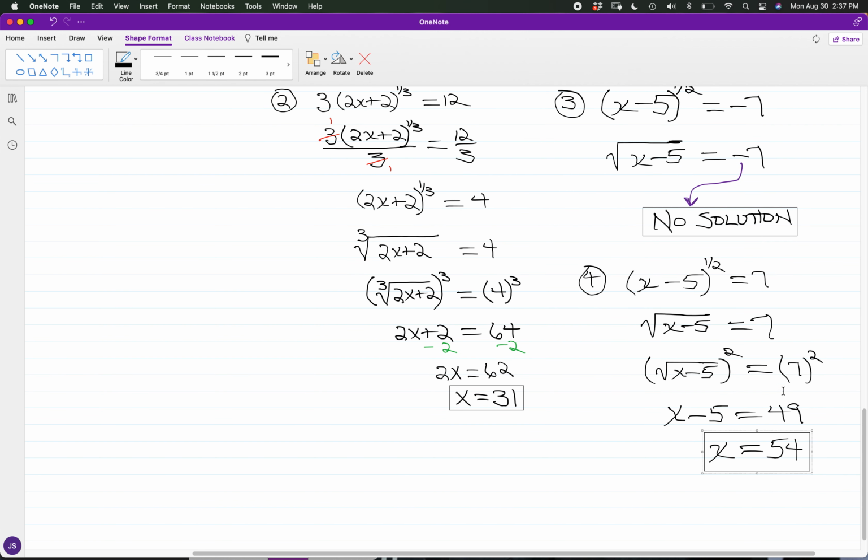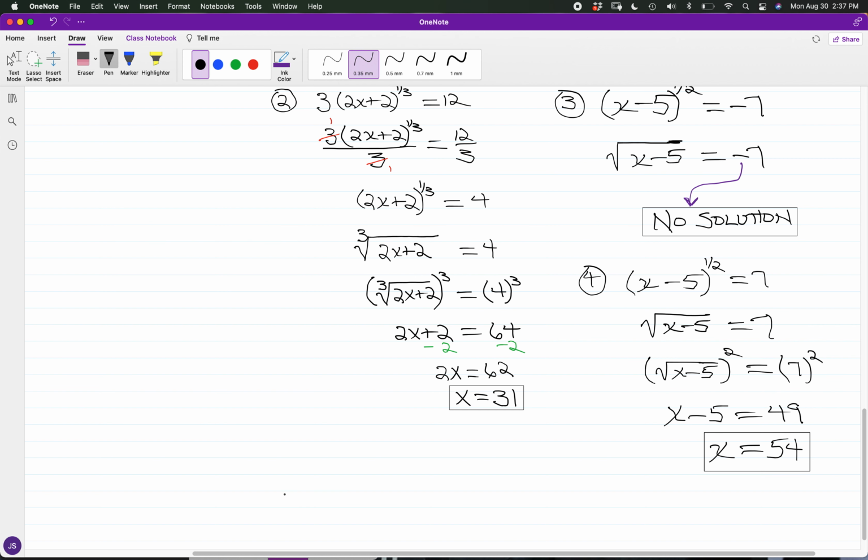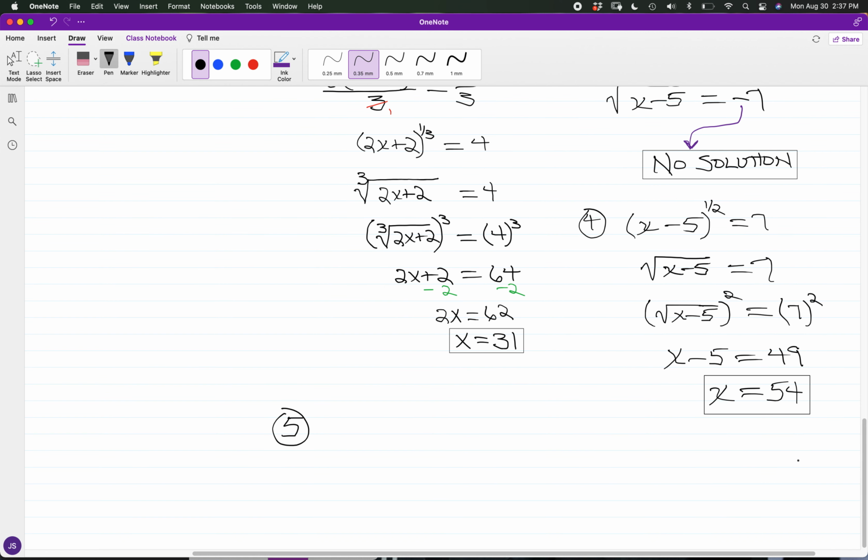All right. Now, let me give you one where, so far we've either had no solution or positive results, and whether or not we can have more than one solution for x. Let's say we have x minus 6 to the 2/3 is equal to 4.